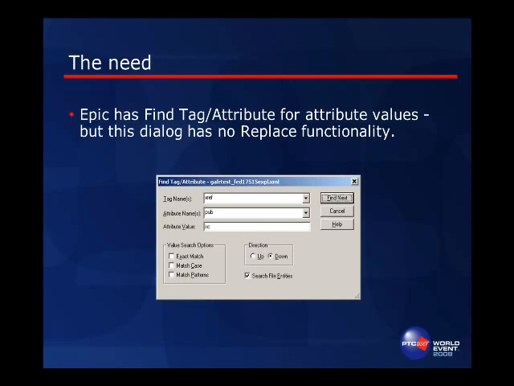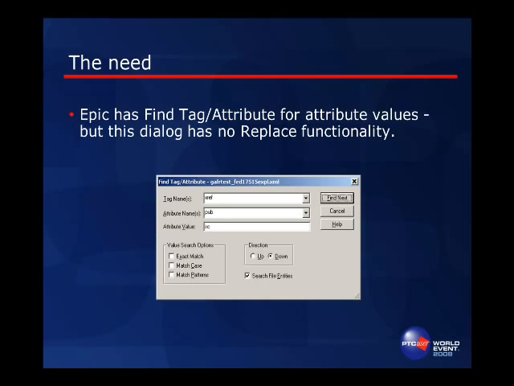Okay, next page, please. The most important thing in my life is when the editors come up to me and say, "Hey, man, it doesn't do this. We need to do that." So if you go to find tag attribute, as you can see, you can look for an element whose specific attribute value is such and such, and it will find those for you.